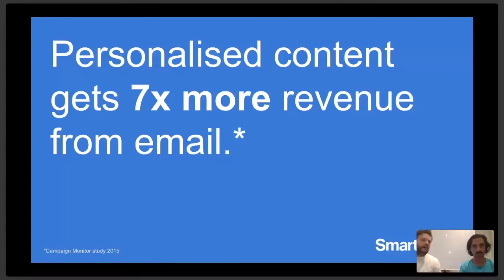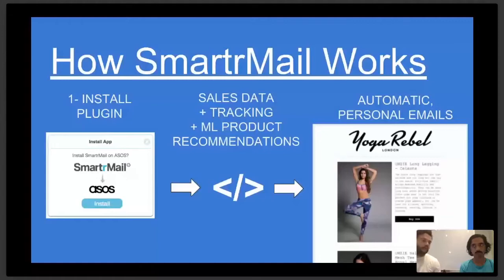And from a higher level as to how SmartrMail works to actually send personalized content, it works because we plug into your store. So you add SmartrMail to your Neto store, and we actually get the store data.